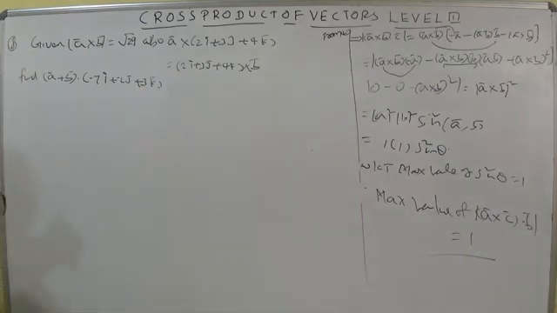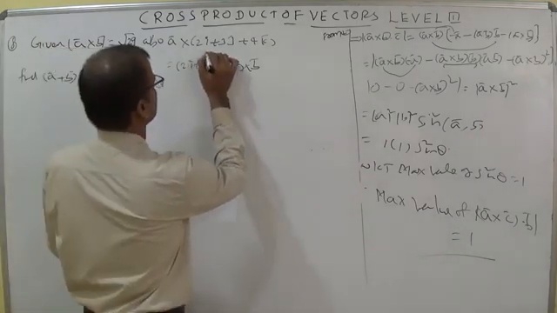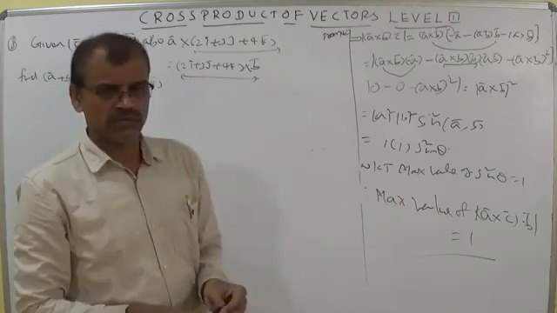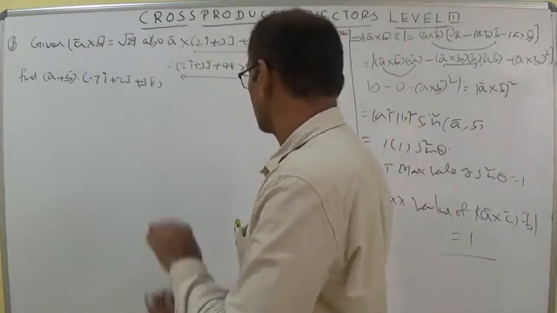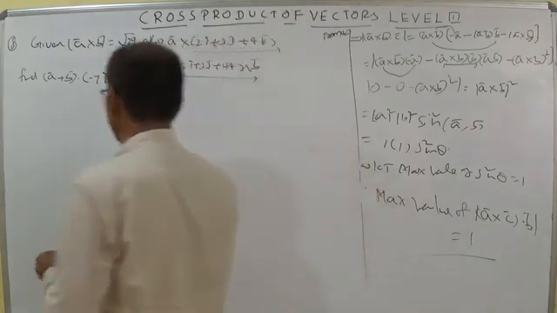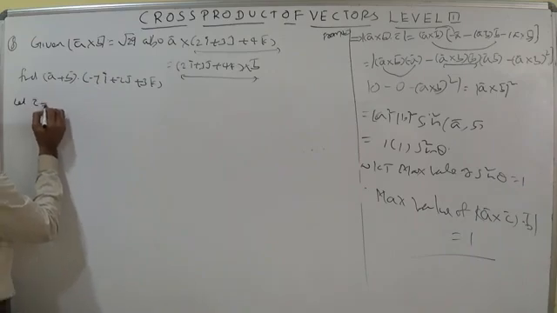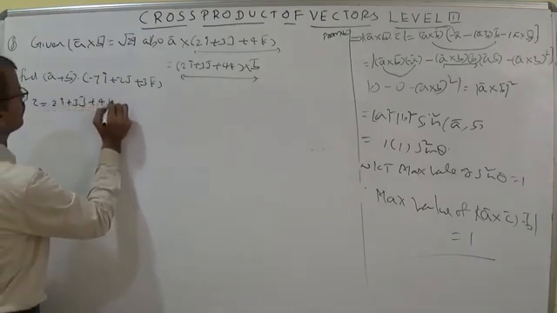Mod A cross B is equal to root 29 he given. Students, let the value 2i plus 3j plus 4k be a vector C bar. Let C bar is equal to 2i plus 3j plus 4k.